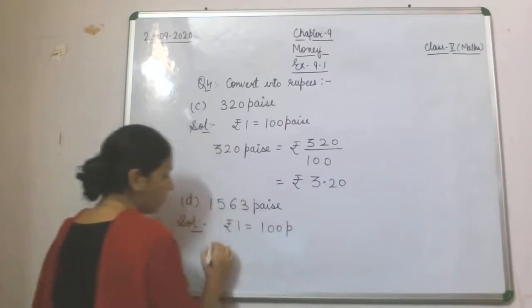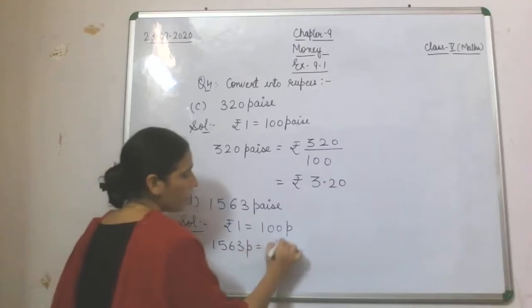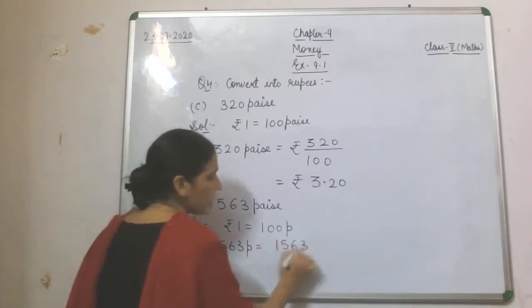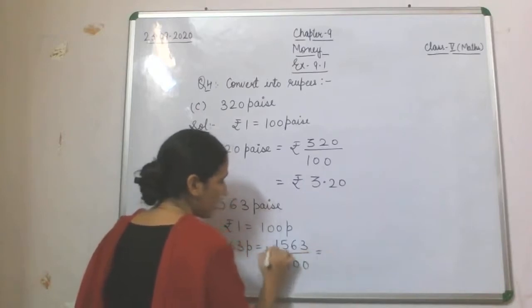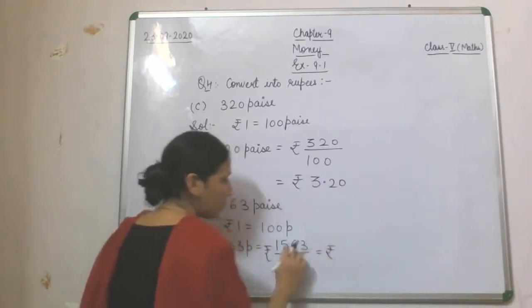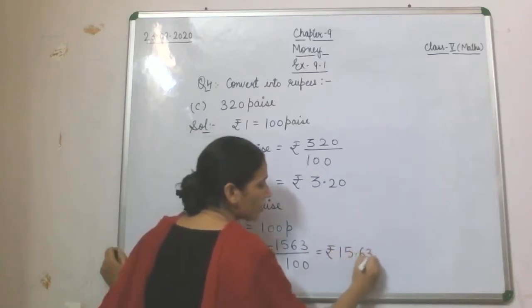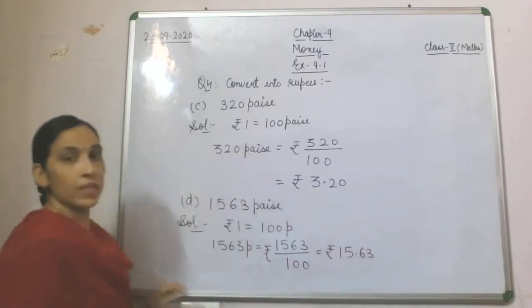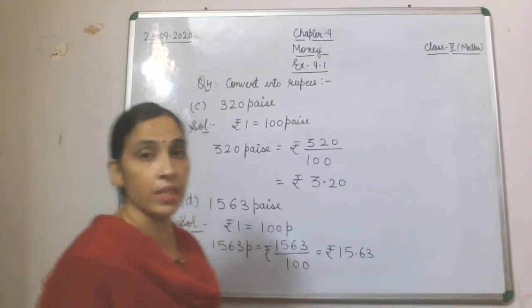So here 1563 paise will be equal to 1563 divided by 100. So what are we getting here? For rupee, we count from the back 1, 2, and put the decimal here: 15.63. The answer we get is rupee 15.63.